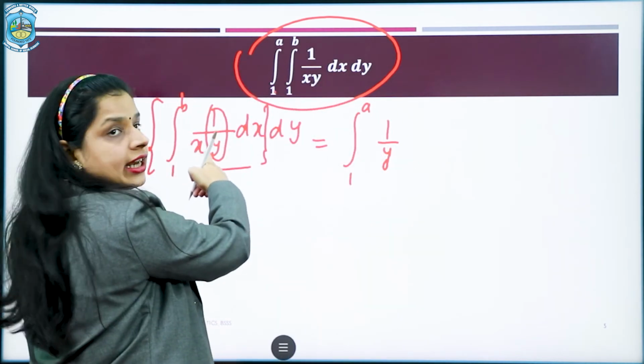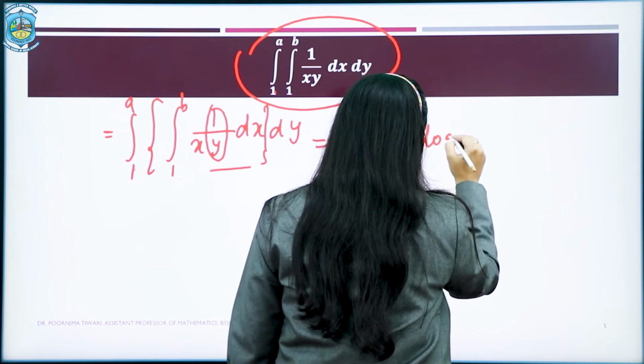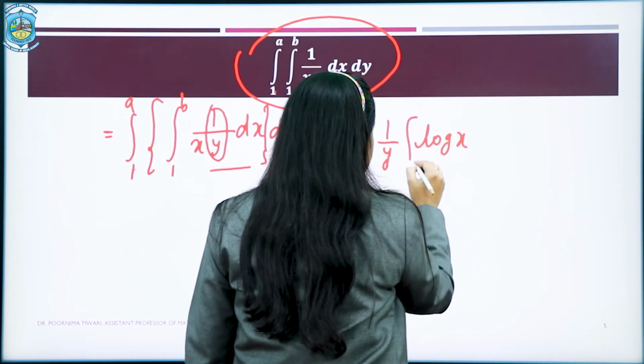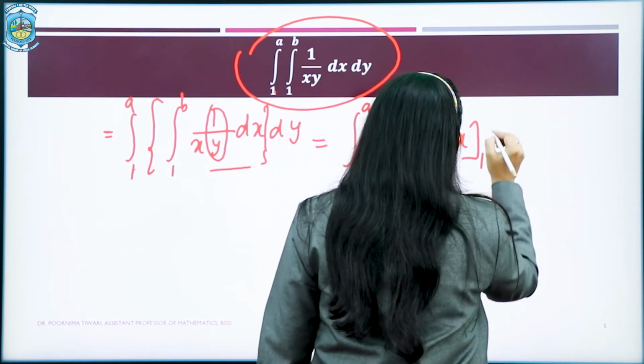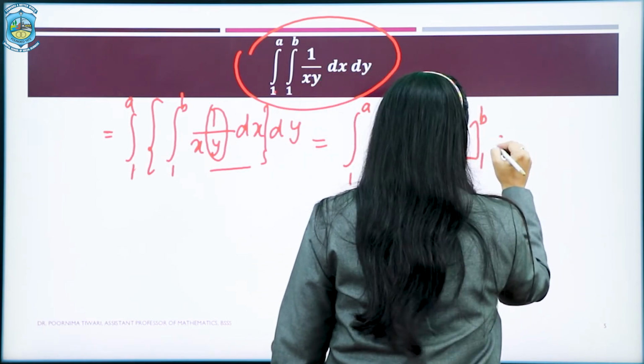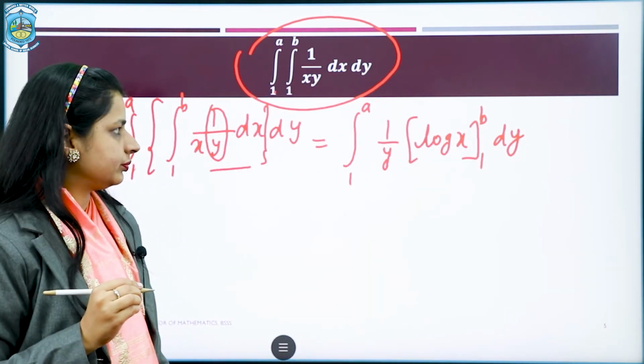Now, when we integrate 1 by x with respect to x, we'll get log x. Limits for this integration are from 1 to b and the next integration is with respect to y.